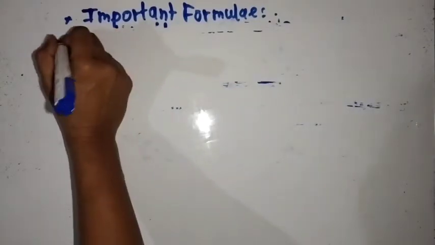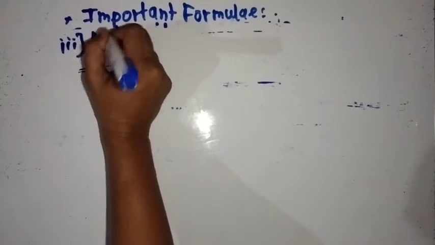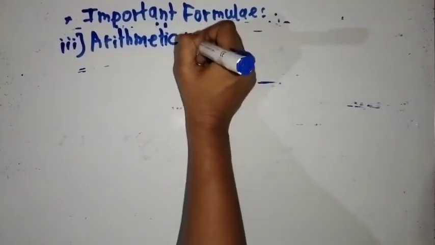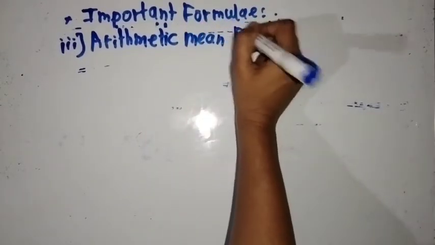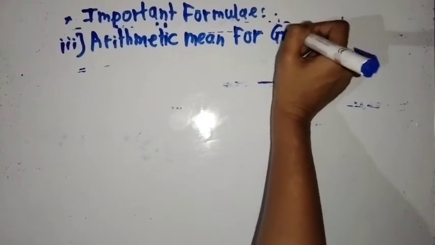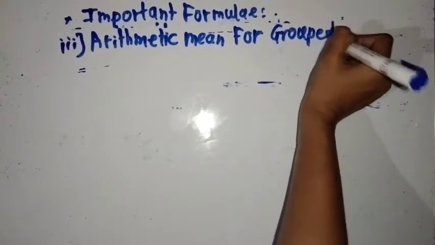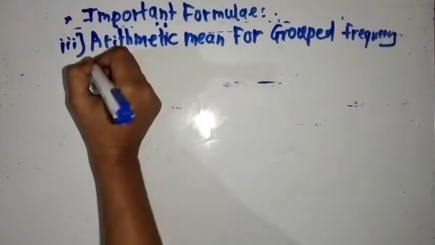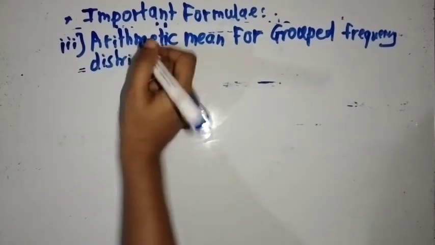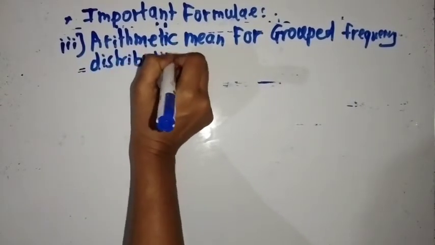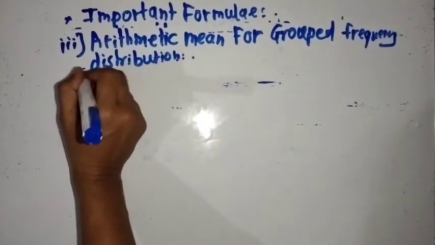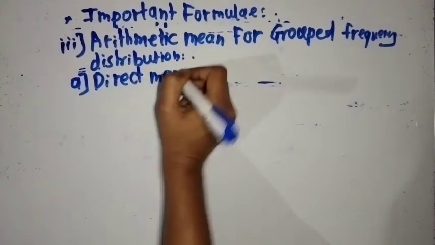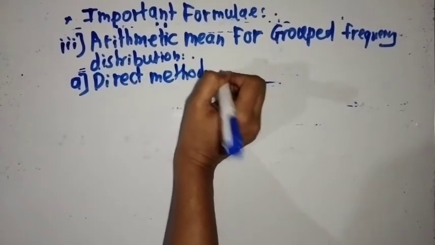Then third is arithmetic mean for grouped frequency distribution. First is direct method. How to find out direct method for group data?